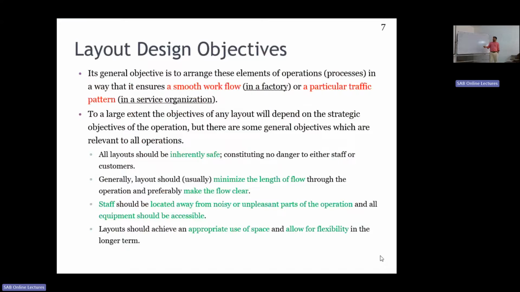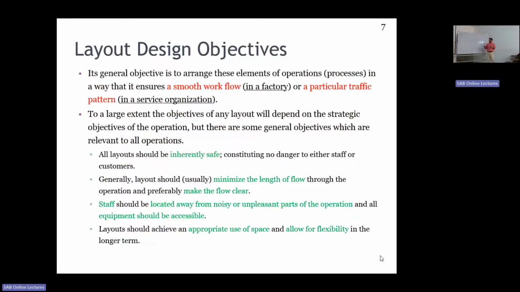When it comes to manufacturing, that is in factories, the general objective is to arrange various resources, structures, steps, machinery, workstations, and so on, in a way that ensures a smooth workflow in the factory, from starting point to the end. How different operations can be smoothly performed is the primary objective in manufacturing.